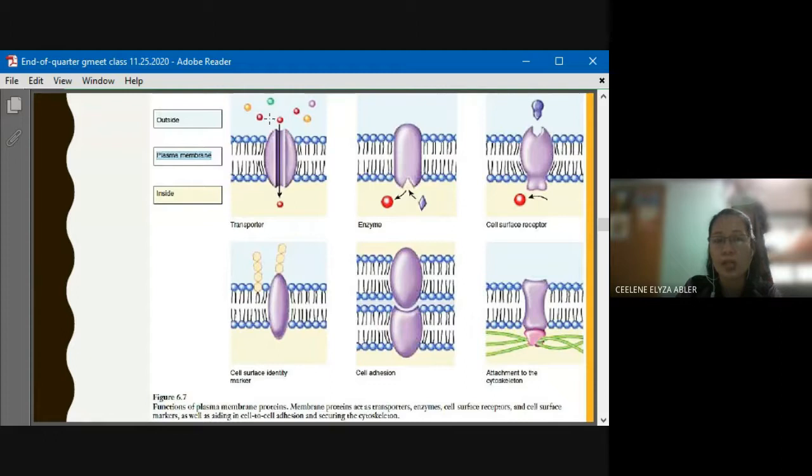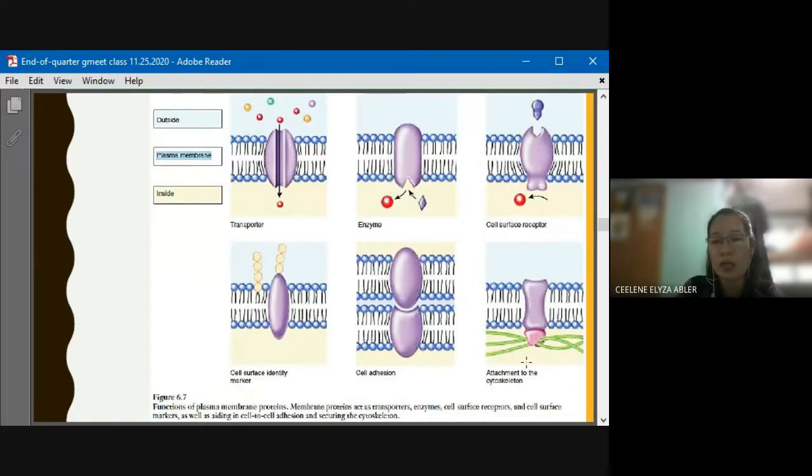So ito yung pwedeng makapasok ng substances kay cell. So meron tayong cell surface receptors, meron tayo yung cell surface na identity marker, makikilala ni cell na kauri niya pala. We have cell adhesion, yung junction natin, like magdidikitan yung mga cells because they form tissues. Okay.